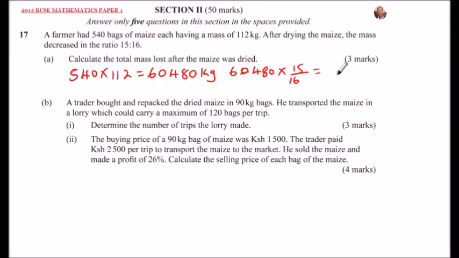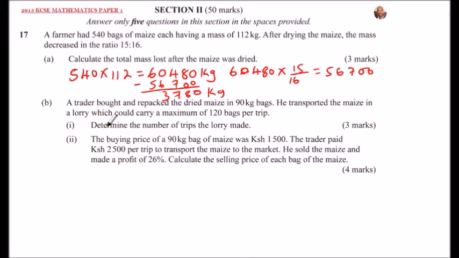Using your calculator, you'll be able to get 56,700. So you can get the mass which was lost. You subtract from here, so you can say 60,480 minus 56,700, and that will give you 3,780 kg. That is the mass lost after the maize was dried.